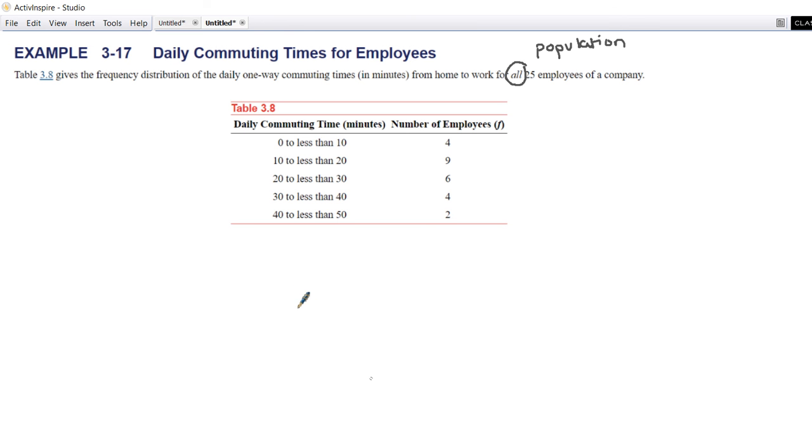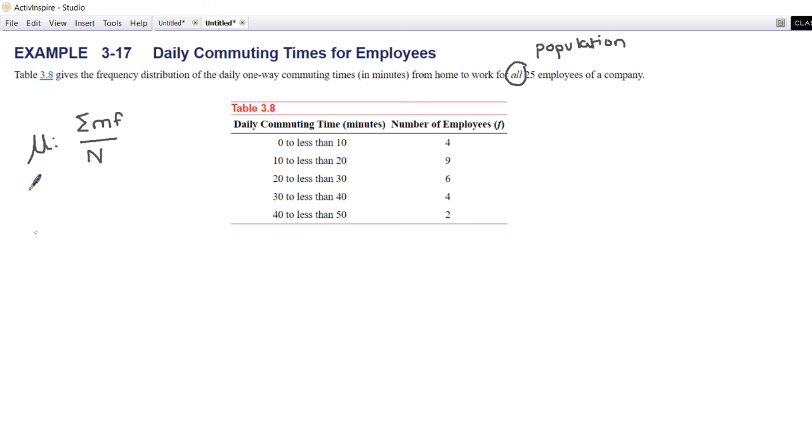Because we are dealing with a population, our formula is going to be mu for the mean: the sum of m times the frequencies over the number of employees.